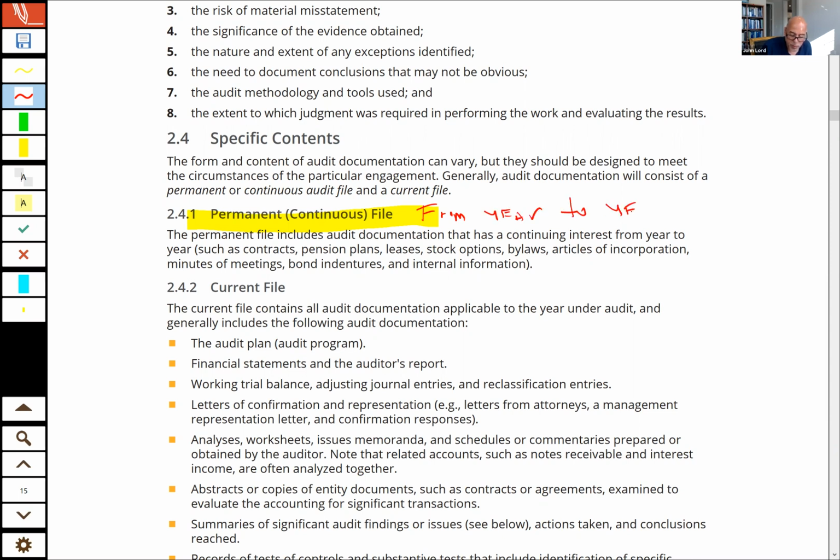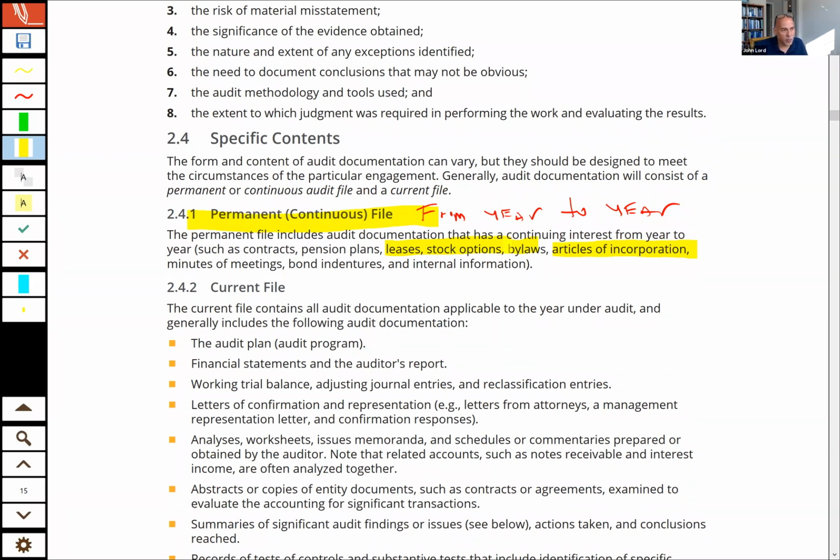For example, the company doesn't come up with new bylaws every year, new articles of incorporation. Longer term things like information about leases, stock options, all of these things are longer term. So you're going to put those in the permanent file, and that will go forward from year to year as long as you have an involvement with that client.